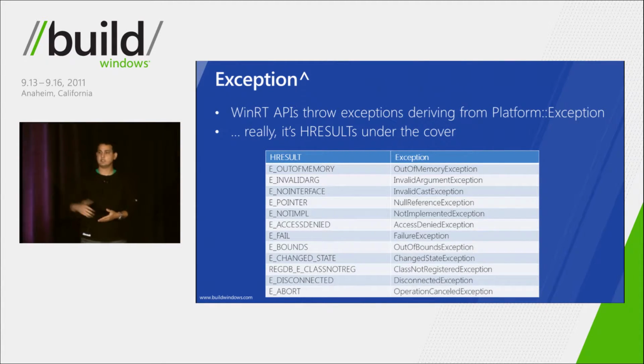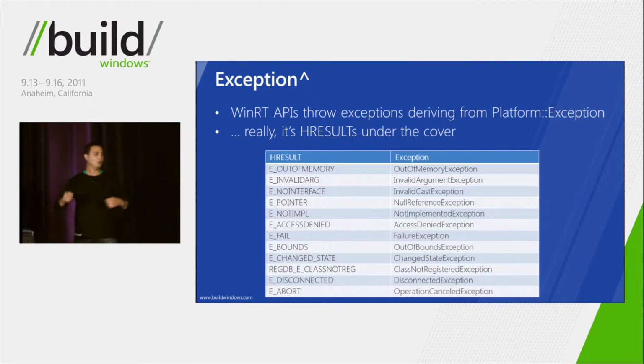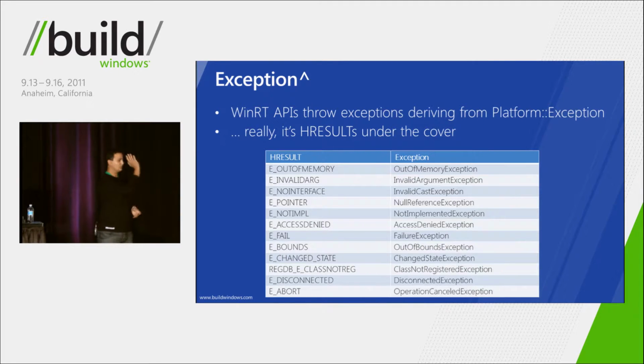Each one of those exception types maps directly to an HRESULT value. This is the table that tells you which platform exception type matches which HRESULT. It is not gone from COM, it continues to exist, but these are the 12 that you need to care about.